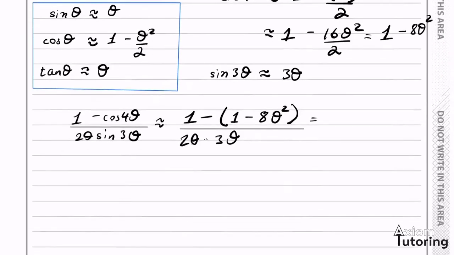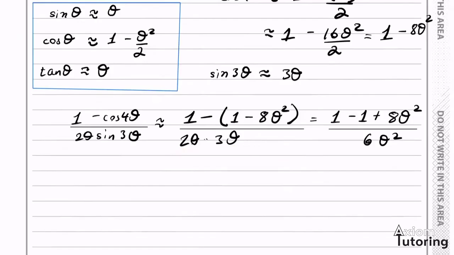So what we have here on the right-hand side we can rewrite as 1 minus 1 plus 8 theta squared all over 6 theta squared.